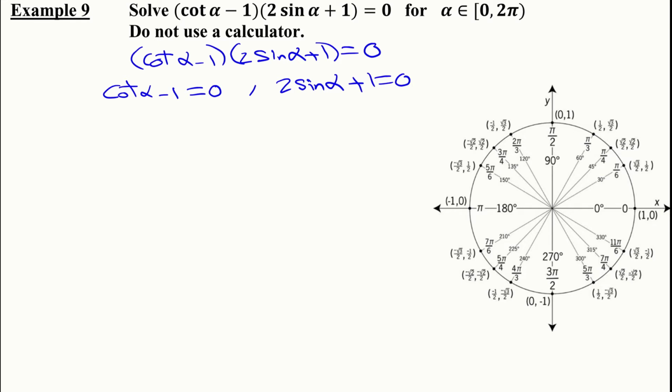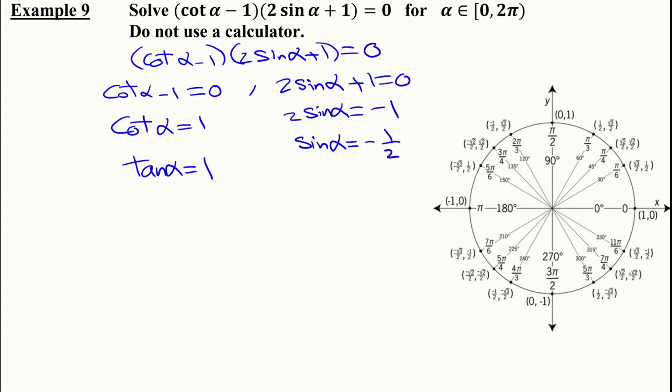So the first one gives us cotangent of alpha equals 1. If you're more comfortable with tangent, you can always turn that into a tangent too, because the tangent of alpha is going to be the reciprocal of 1, which is of course 1. Let's go ahead and go to the other one and solve it before we decide what angles we need. So here we have 2 sine of alpha equals -1, so sine alpha equals -1/2.